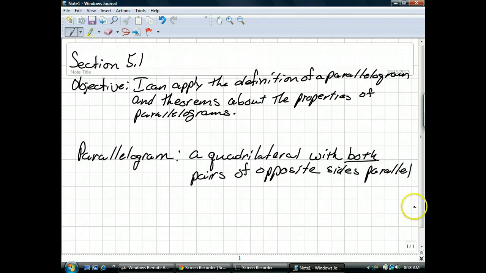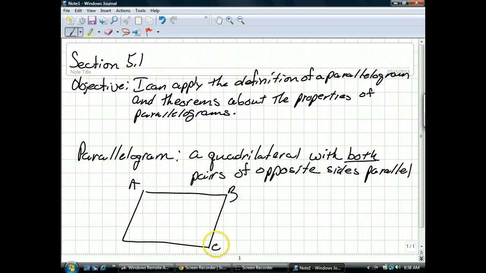Okay, so if I have quadrilateral ABCD, and if this is a parallelogram, then AB has to be parallel to DC because those are opposite sides. So this side is parallel to this side. And AD must be parallel to BC.